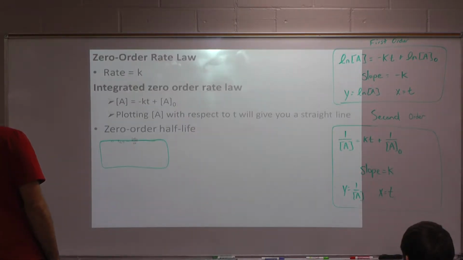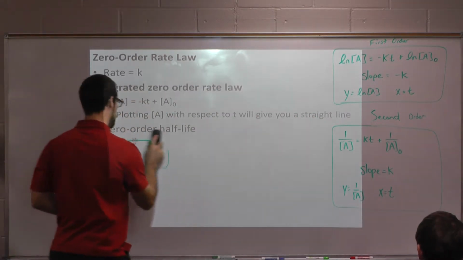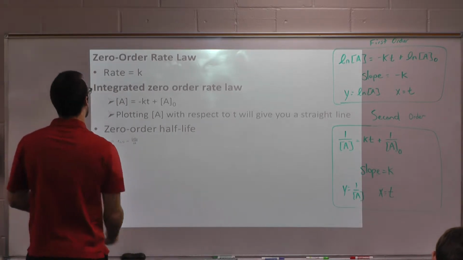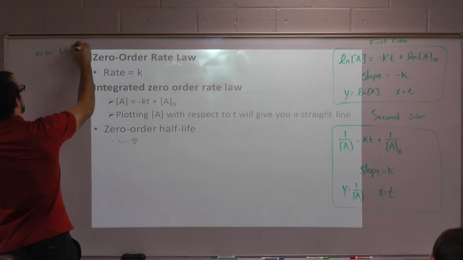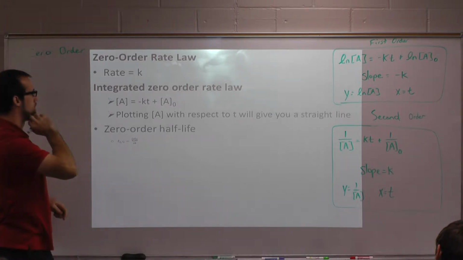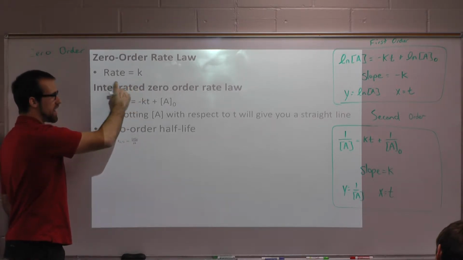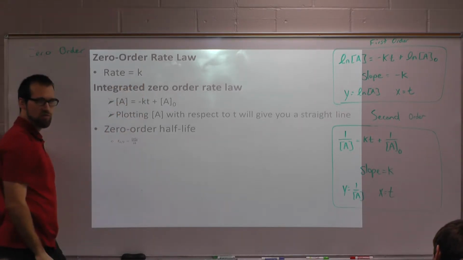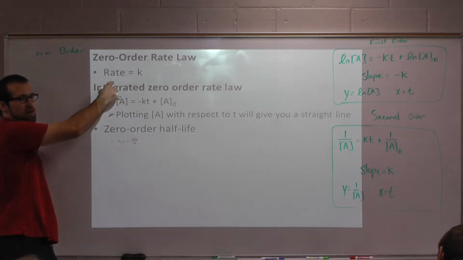Let's do zero order here, and then we'll come back and do that problem. Now put zero order over here. So this is your differential rate law for that. That seem goofy to you? This is your integrated. This is your differential.